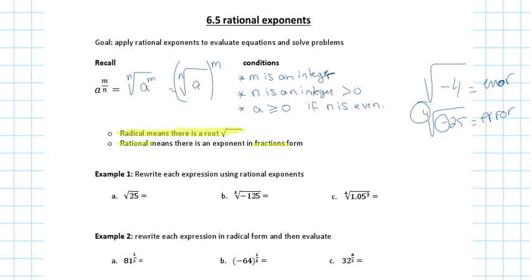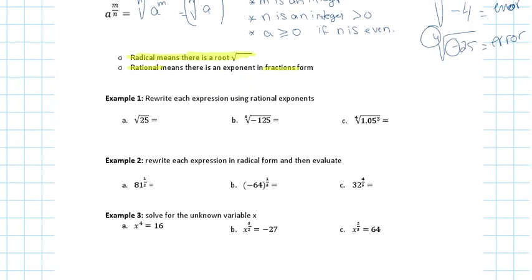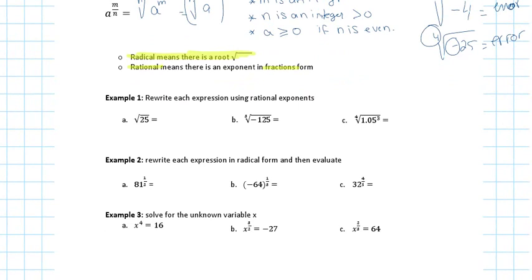So let's write these as a rational exponent. Square root of 25. How can I write it as a rational exponent? 25. What would be my power though? What's that? 2, right? So that's going to be 25 to the power of 1/2.